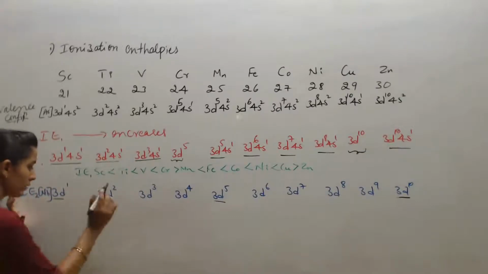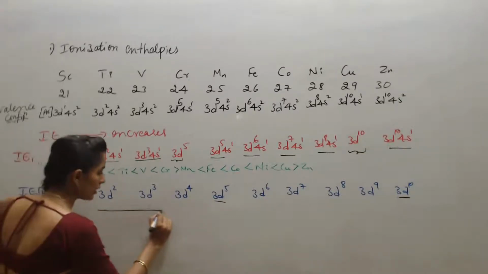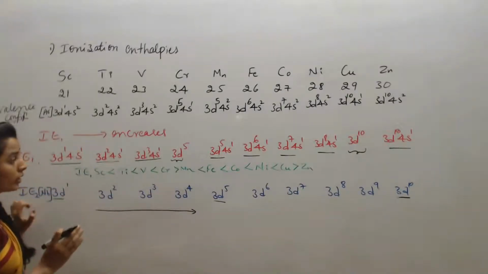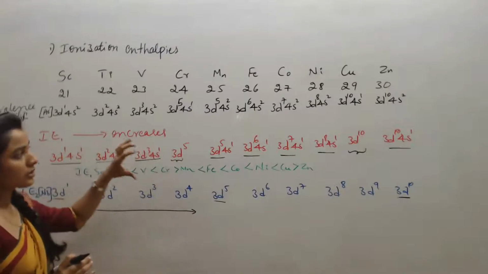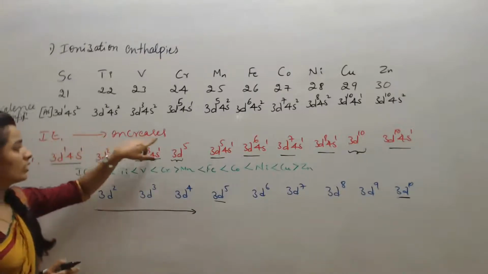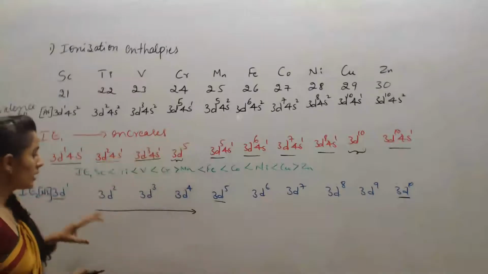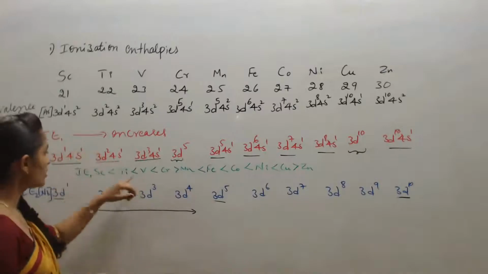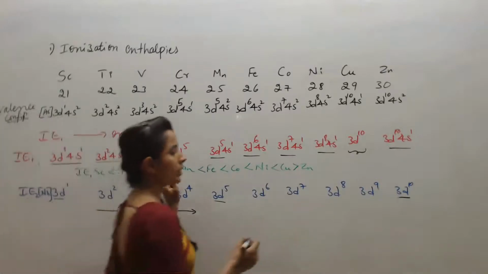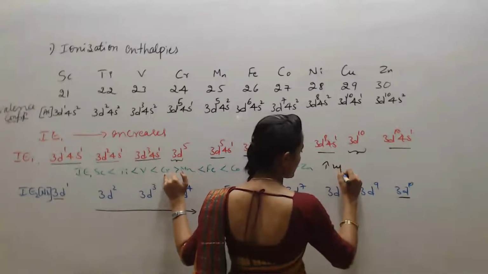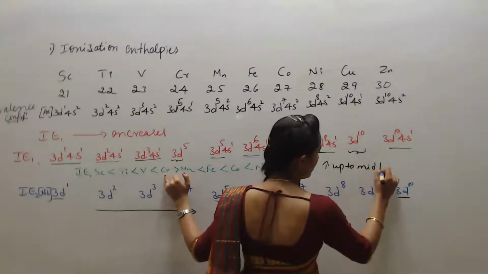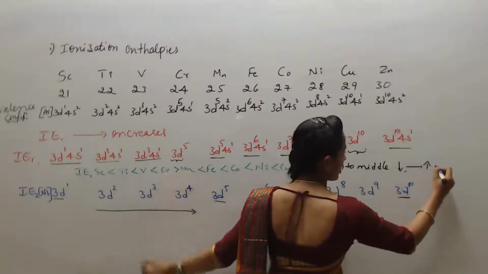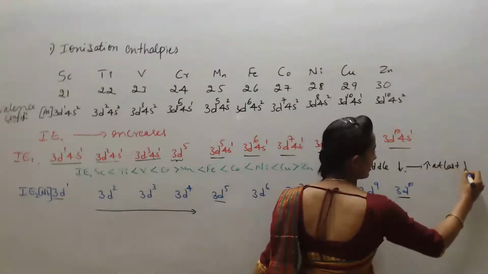Okay, so listen, the third ionization energy also increases along the period. Only the trend varies in second ionization energy. First ionization energy also increases along the period, third ionization energy also increases along the period. Second ionization energy increases up to the middle, again decreases, and then increases at last and decreases.